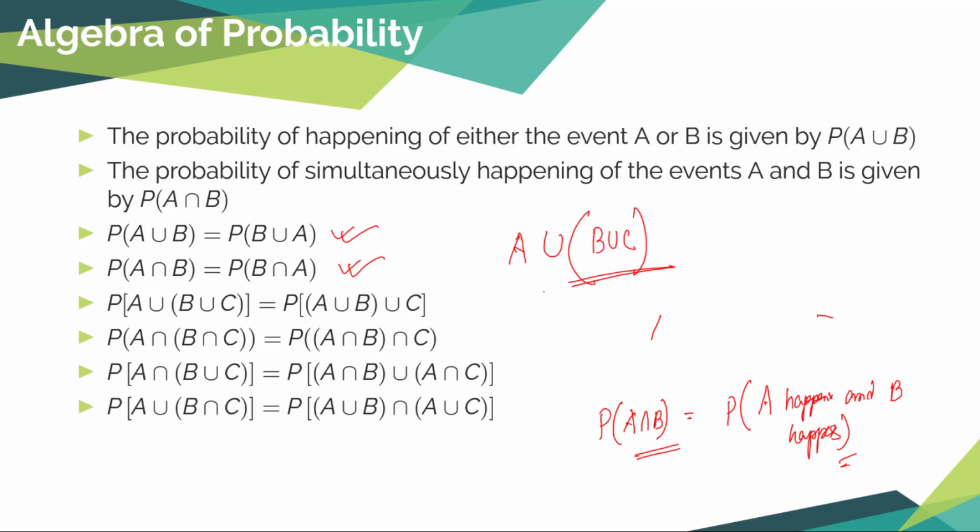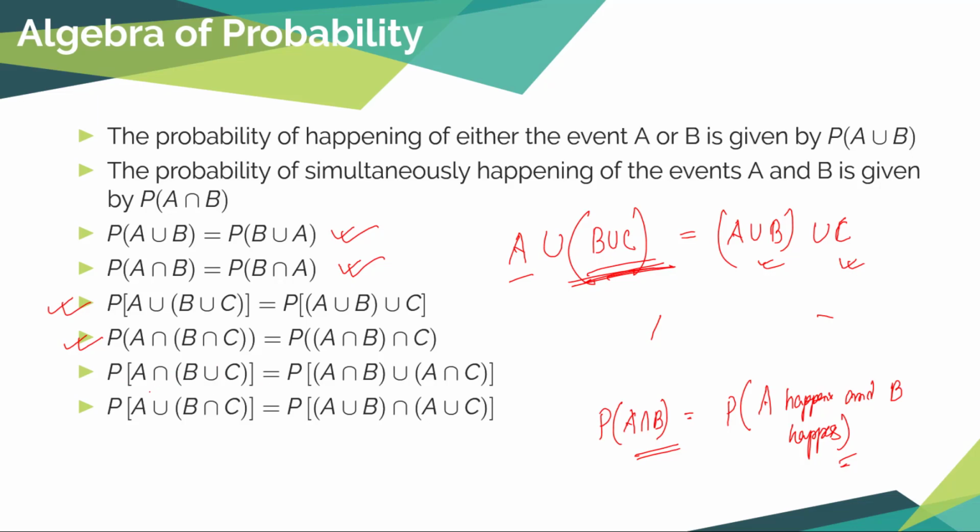The natural order is to first find B union C, then take the union of the result with A. That gives exactly the same result as first finding A union B and then taking the union of that with C. That means the brackets can be exchanged. Similarly, you can do that for intersection also.